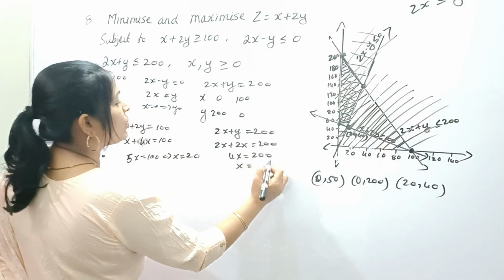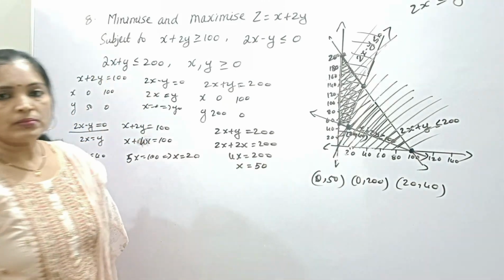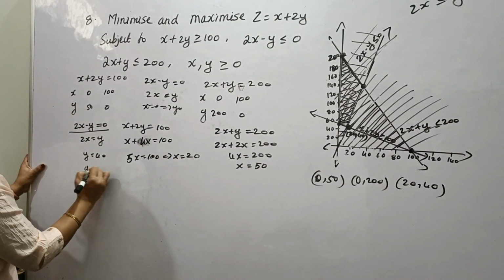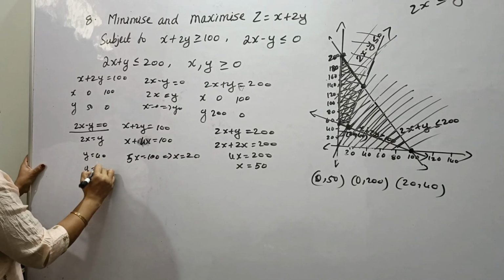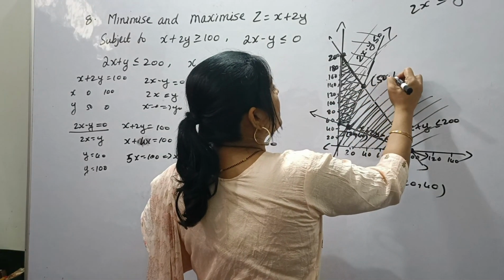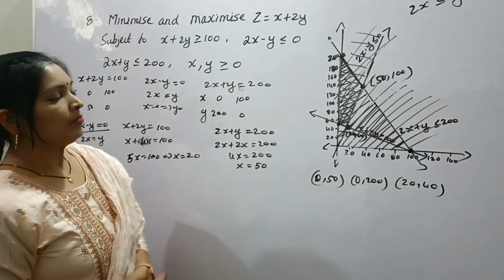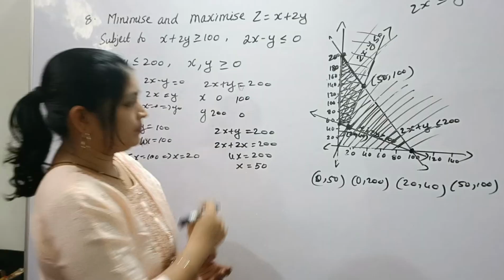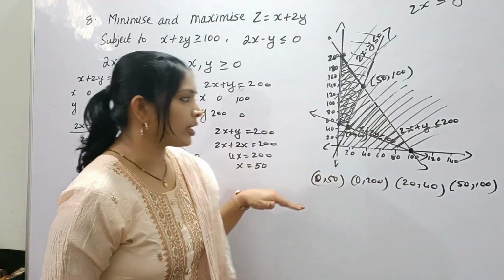X is equal to 50. What is y? Y is equal to 100. So it is the point 50, 100. These are the corner points.